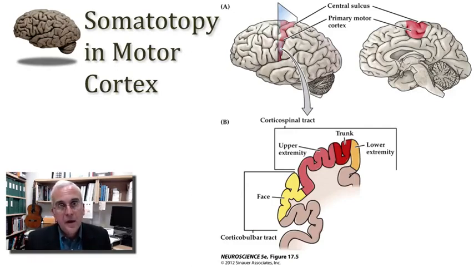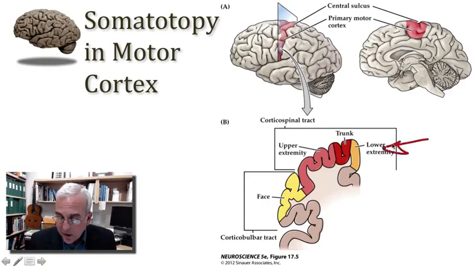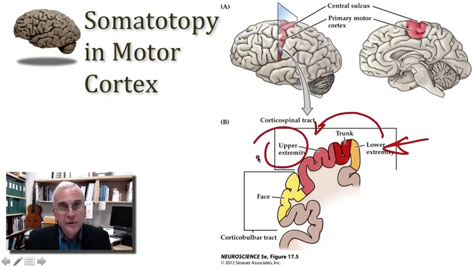And this somatotopy bears some resemblance to the body mapping that we saw in the postcentral gyrus, such that here on the paracentral lobule, we have representation of the lower extremity, and as we progress towards that S-shaped bend near the center of the central sulcus, we move up the lower extremity through the trunk and into the upper extremity. And near the central part of the central sulcus, where that S-shaped bend is found, that's where we see representation of the movements that we perform with our arm and our hand.